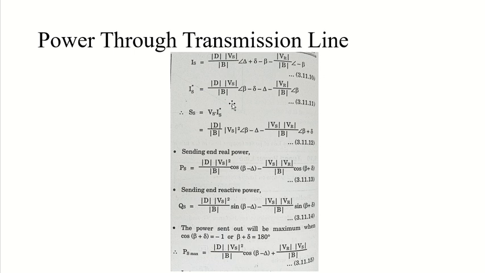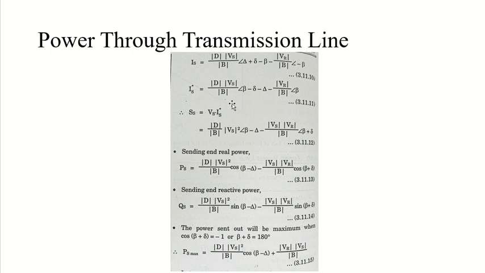And coming back to the first equation of sending end apparent power, Ss was equal to Vs Is star. So again we will substitute the value of Is star in the equation of Ss. So we will get D by B Vs square, because Vs was already present there, and we are again multiplying it with itself. So we'll have Vs square angle beta minus delta capital delta, minus, we will have Vs Vr by B angle beta plus small delta, right?